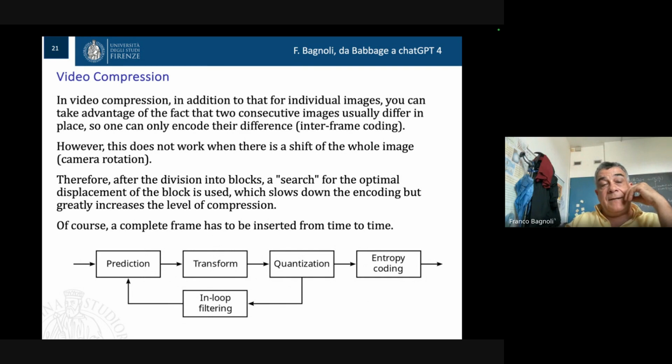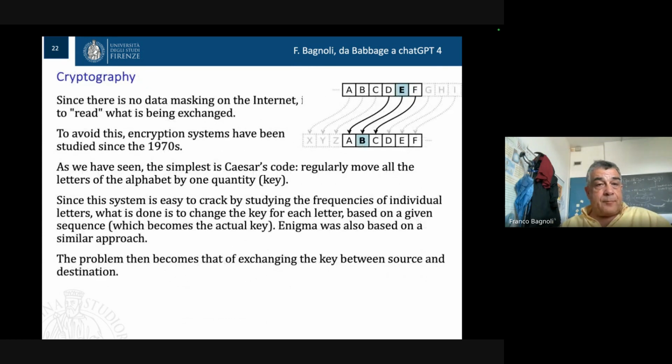But the idea is that you can have a hard, computationally intensive phase of encoding if this allows a quick and easy decoding, so that you don't have to use very sophisticated hardware and software for having, say, a video player or something like this.